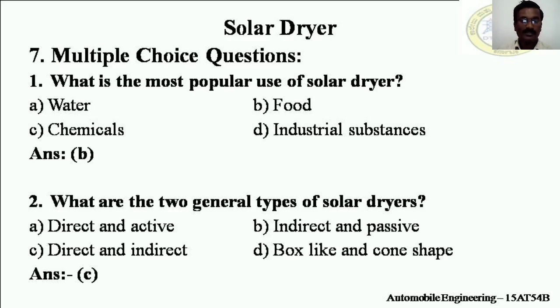So answer C is the correct one, because active and passive are the types of solar stills. The box like and cone shapes are some of the basic configurations of the solar stills. So these do not come under the types of solar dryers. So C is the correct answer.